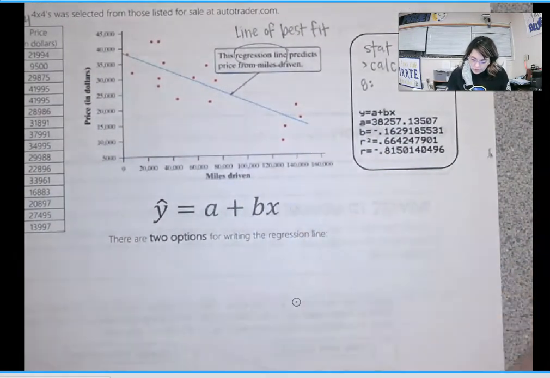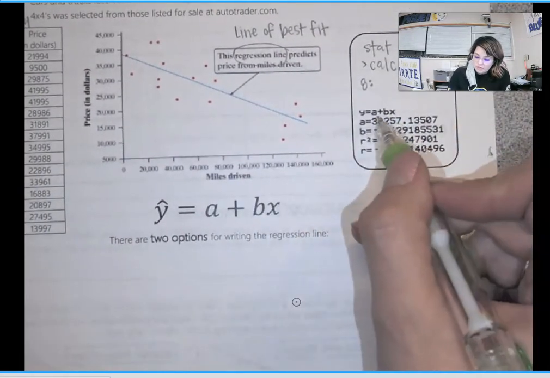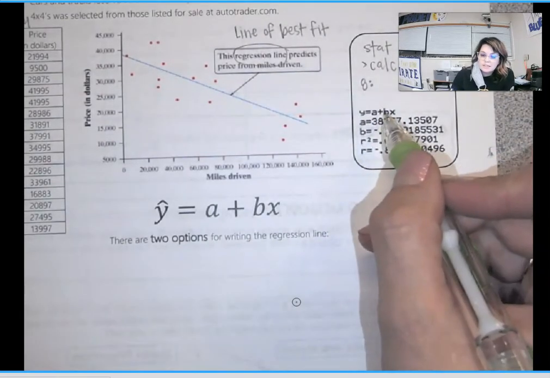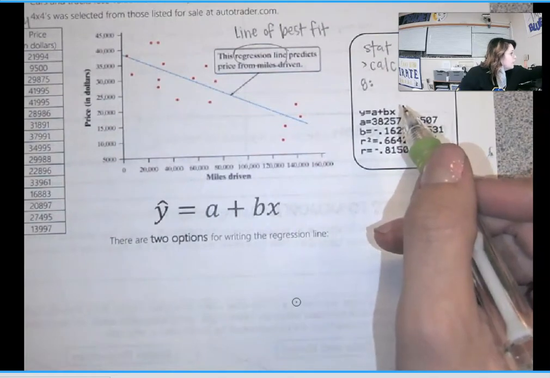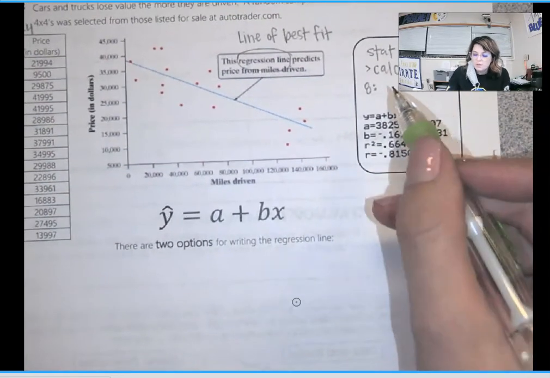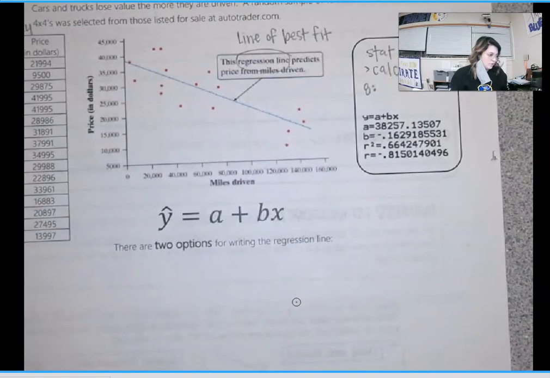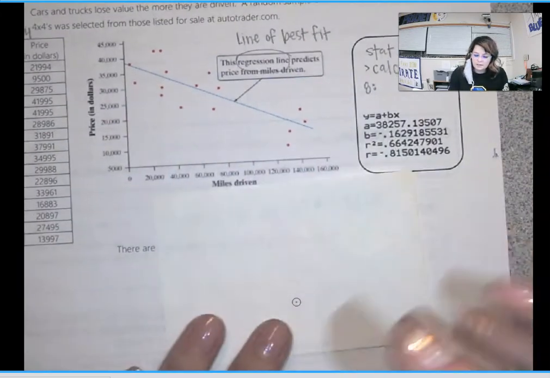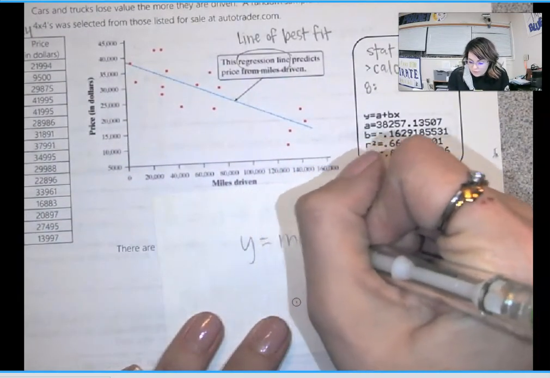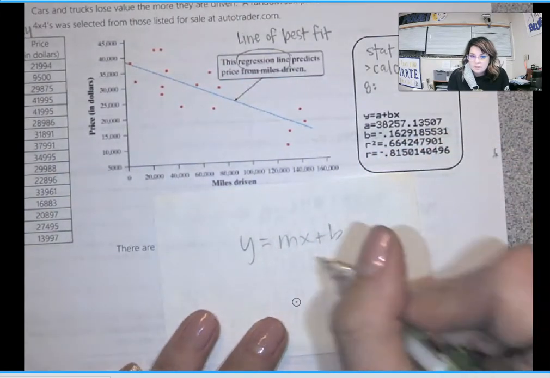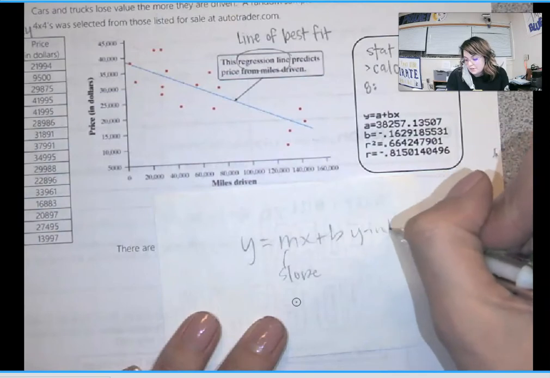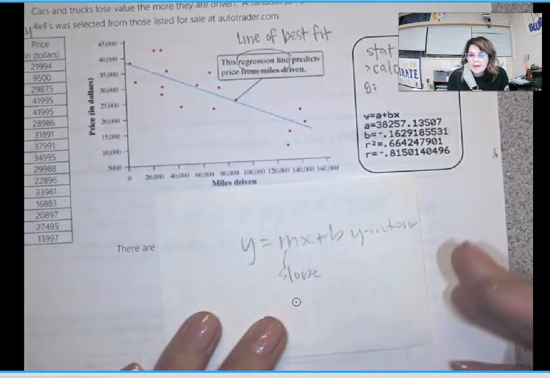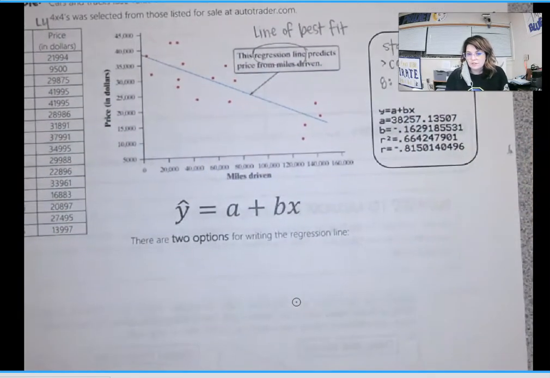Okay, so now you can see the form of our line. It doesn't exactly match the form of the line that I drew at the beginning of this lesson, because previously we knew the equation for a line to be y equals mx plus b, and m was slope, b was y-intercept. In stats, you do that slightly differently.